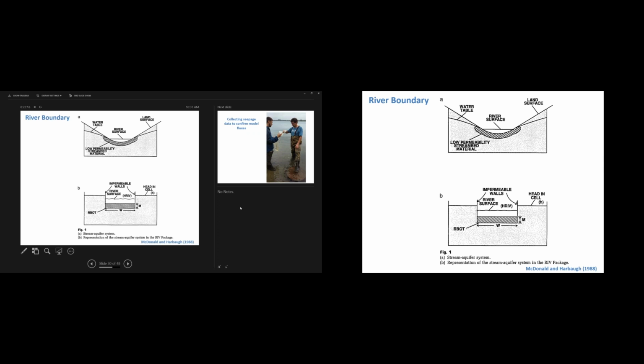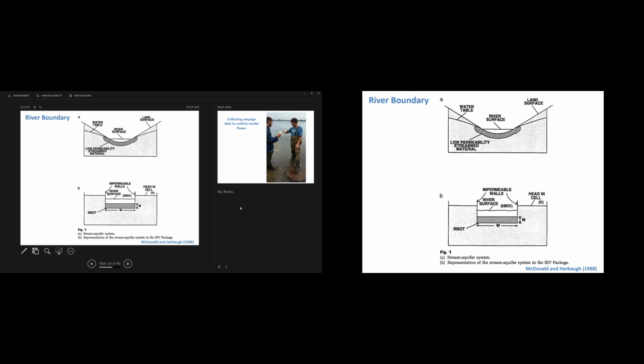And we'll talk more about that. But that basically turns your river cell into a constant head cell of sorts. But where they really come in useful is for a stream that's receiving discharge, the river is a low point, so that water is going to come out no matter what.